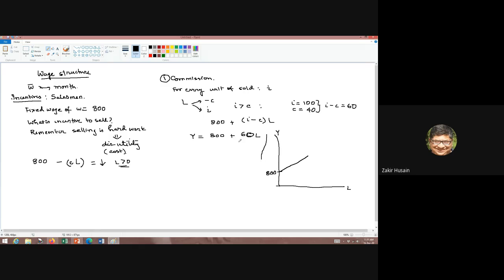So it becomes 60L. That means if L is equal to 1, you get 860. L is equal to 2, you get 920. Okay, let's make it L equal to 5.